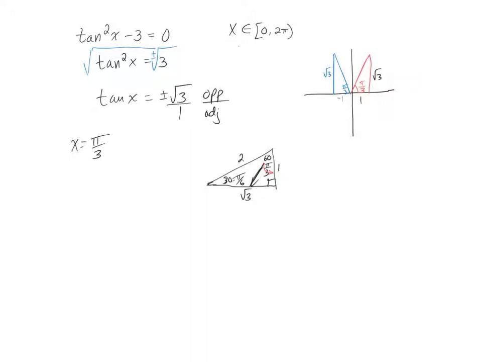This time it'll be negative 1 as the adjacent side, though, because we're to the left. But the question is, what is this angle that got us there? And if you think of this as 3 pi over 3, being 1 pi, and we're on our way over to 3 pi over 3, but we stop 1 pi over 3 short of that, that means we must have gone 2 pi over 3. So our second angle, that blue one that I just drew in there, would be 2 pi over 3. And that'll be our next solution.